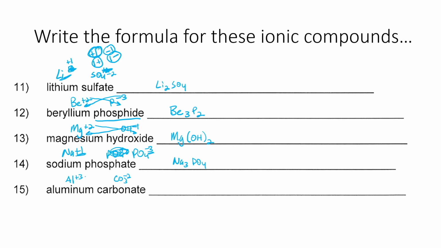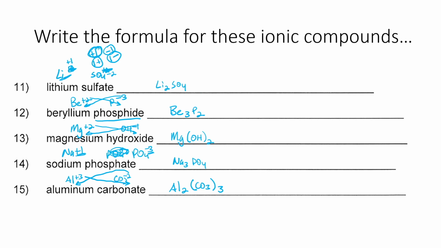The 3 from aluminum comes down here and becomes the subscript for carbonate, and then the 2 from carbonate becomes the subscript for the aluminum. So for this formula, it's going to be Al, and then we'll have 2 of them because of the crisscross procedure. And then for the carbonate, this is where you put parentheses because there's going to be more than one carbonate. CO3, and how many of those do we need? Well, the crisscross shows that we need 3 of those at the bottom, so we'll put 3 there. And that's how you do those.